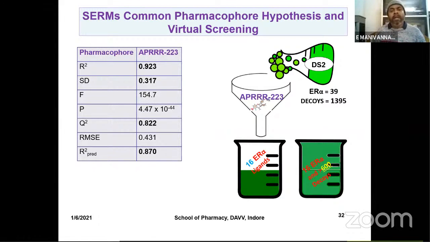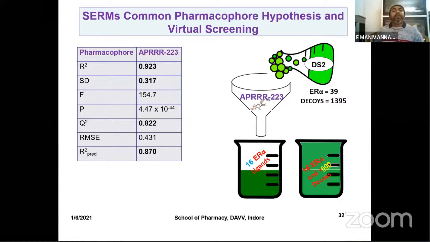It is near to 1, so it is the best model. With respect to standard deviation, this model is also best; the standard deviation is very low, 0.317. Fisher significance value is 154.7. Then the p-value for chance correlation is 4.47 times 10 to the power minus 44, so there is little chance correlation.